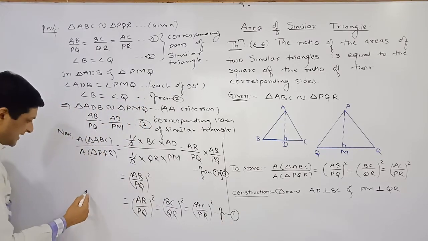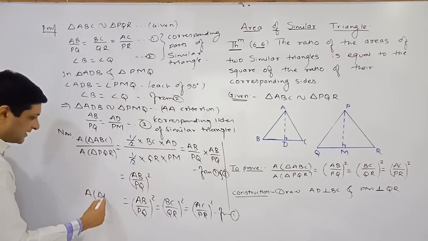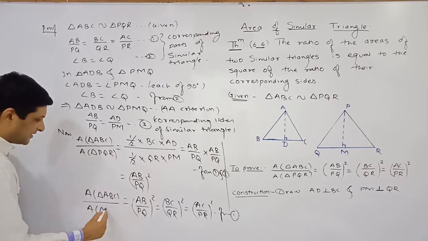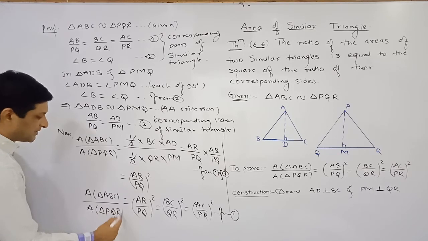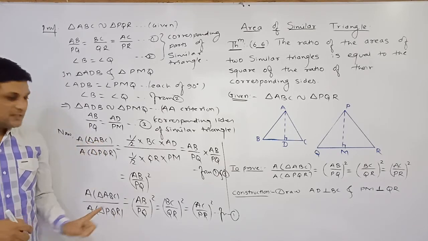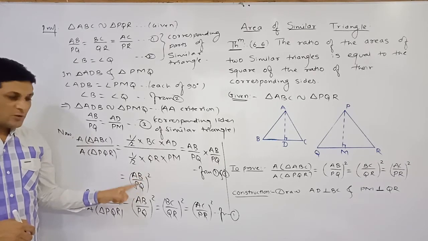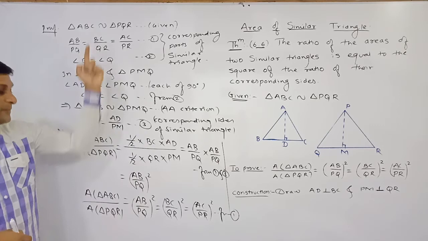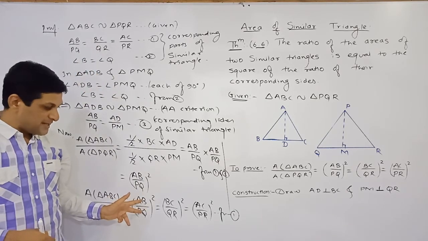Keep the left hand side as it is: area of triangle ABC upon area of triangle PQR. In this way we have shown that the ratio of the areas of two similar triangles is equal to the square of the ratio of corresponding sides.